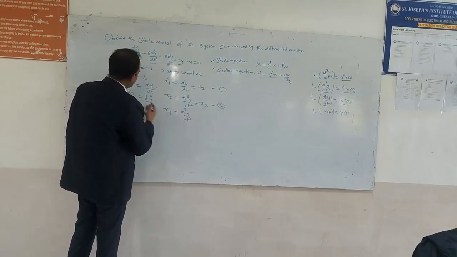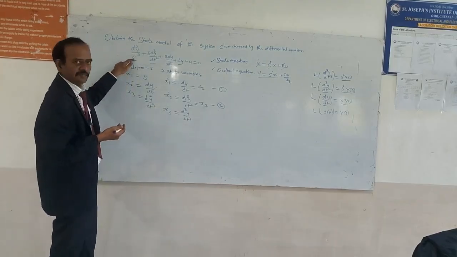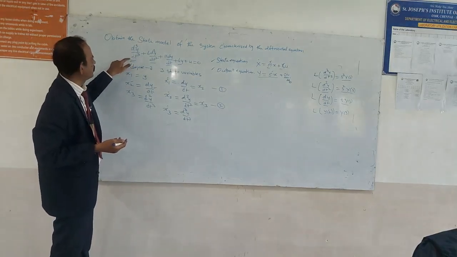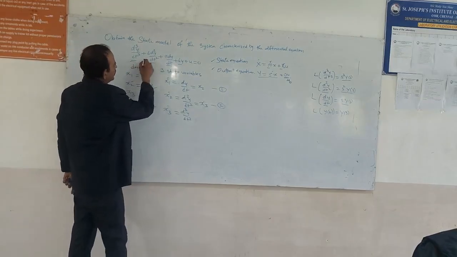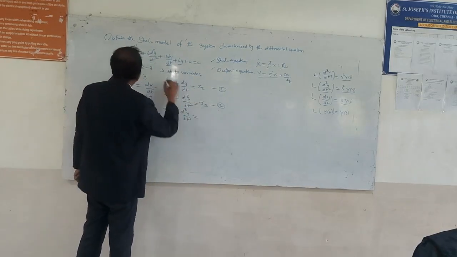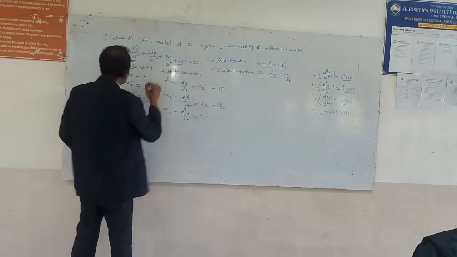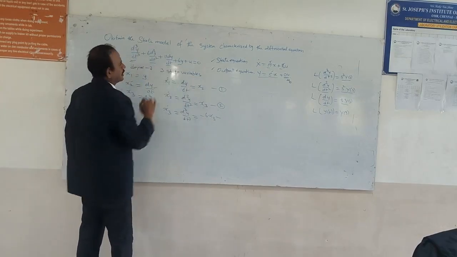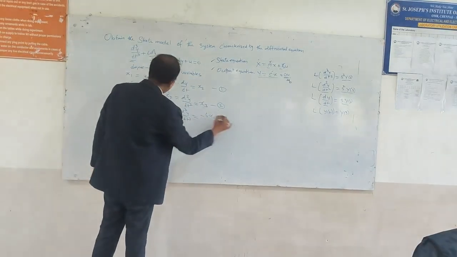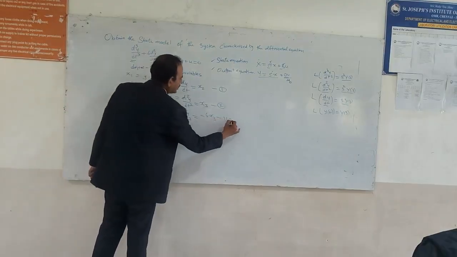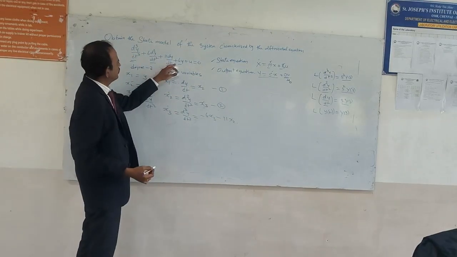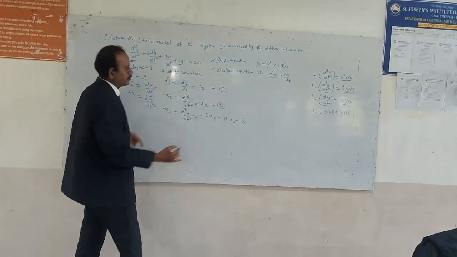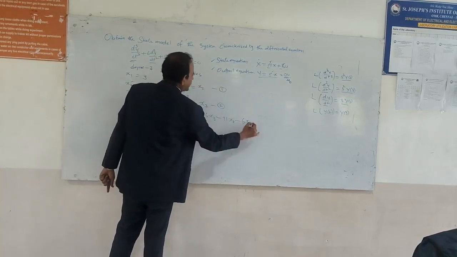Here we don't have d cube y by dt cube among the state variables, but in the question itself we have it. So from the equation, d cube y by dt cube equals minus 6 times d square y by dt square, which is minus 6 x3, minus 11 times dy by dt, which is minus 11 x2, minus 6 times y, which is minus 6 x1, and minus u.